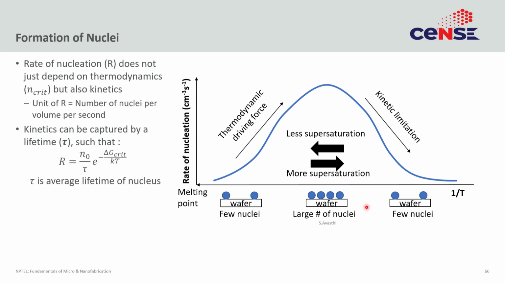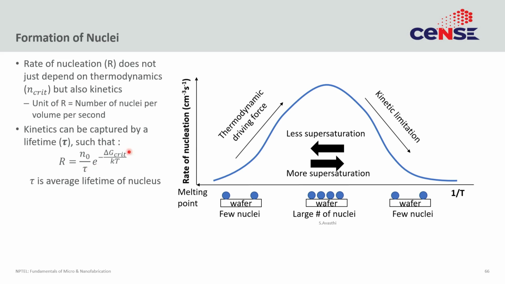And supposing you are forming R number of nuclei per volume per second, and that R is basically given by the concentration of critical nuclei divided by an average tau, which is the lifetime of the nuclei. So how long does the nuclei last before it coalesces into a larger one, right? So the average time. Now there will be a distribution, but here we are just looking at an average time.